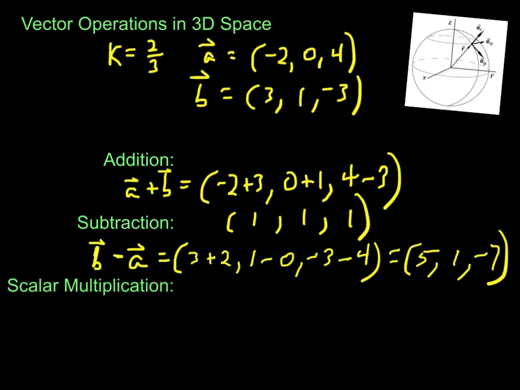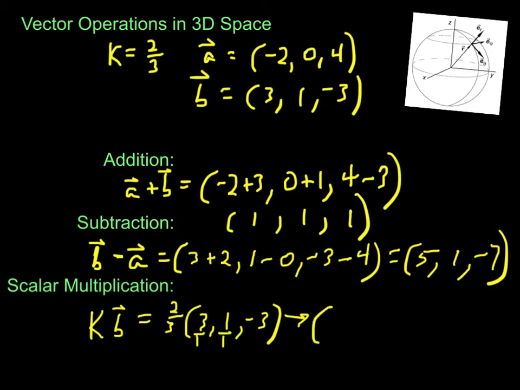Scalar multiplication. If I said find k times B, we'll use B this time. Well, k was 2/3. Our B vector is 3, 1, negative 3. Let's distribute. Now don't forget, you're just multiplying fractions. These are all over 1, so you multiply your numerators and denominators.